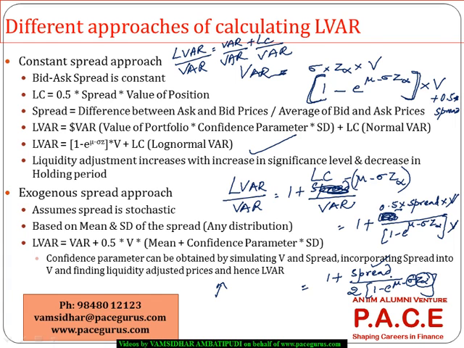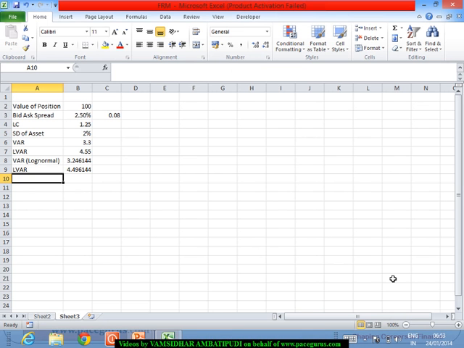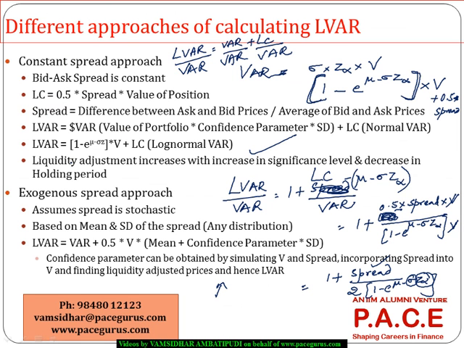And in the same example, let's say I want to compute the LVaR to VaR ratio. I take LVaR and divide it by VaR, and this is what I get: 1.38. So almost 38% additional contribution is made by the liquidity adjusted VaR to the original value at risk.